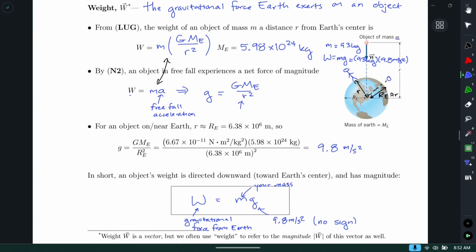So apparently I weigh about 912 newtons. That's not a very familiar number, so let's convert that to pounds. They're about 4.45 newtons in 1 pound. So I weigh about 205 pounds.